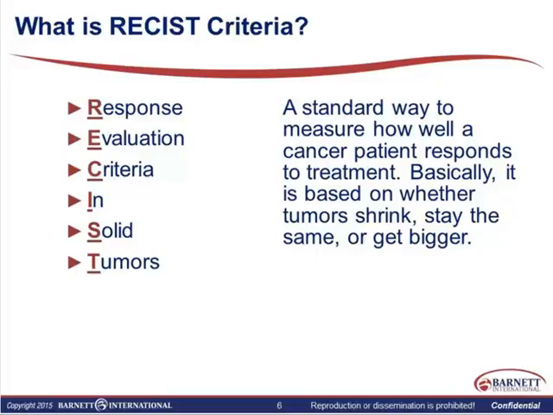So RECIST is a standard way to measure, essentially, in the simplest possible terms, how well a cancer patient is responding to the treatment within our clinical trials. It was developed initially through an international collaboration, and I want to read to you the National Cancer Institute definition of RECIST criteria.